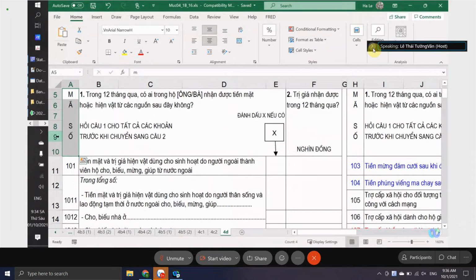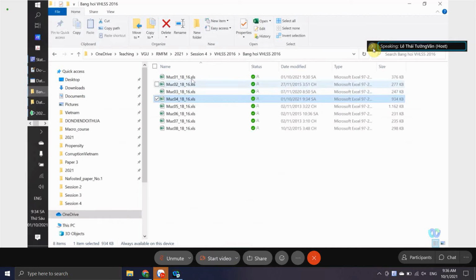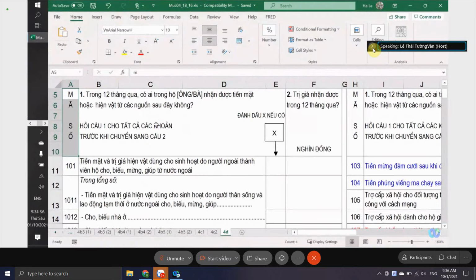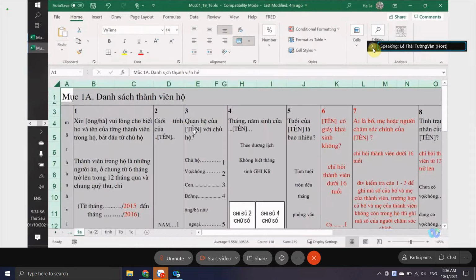That comes from the fact they have given each person an identity number. And the same person who gave information in section 1A will also be asked in section 4. But the data are stored in separate files. So you have to combine them together, right?